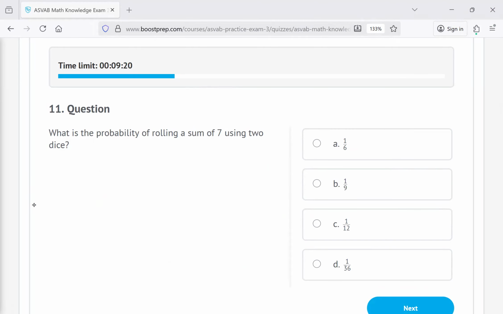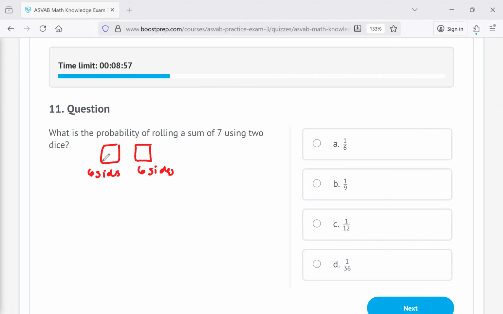Okay, here's another good one. Number 11 says, what is the probability of rolling the sum of 7 using 2 dice? So you're throwing 2 dice, and we know that each dice has exactly 6 sides. If you don't know, you could look that up.